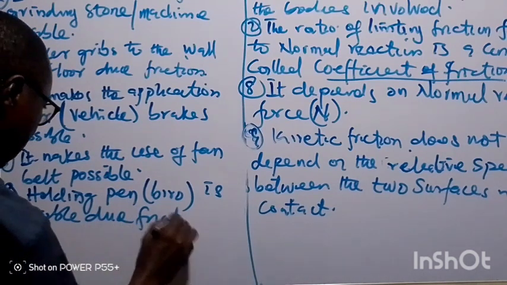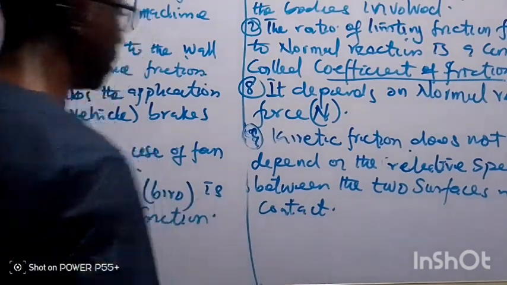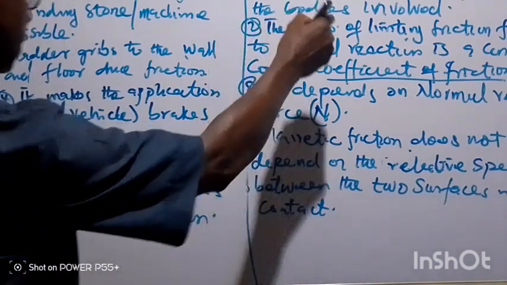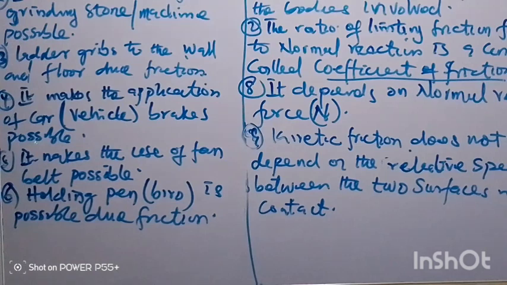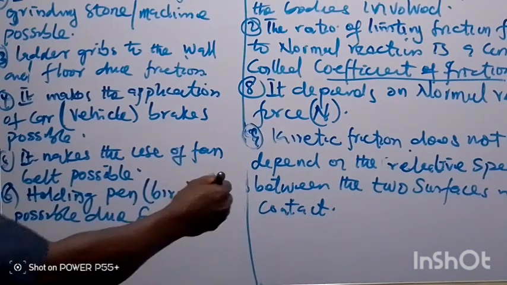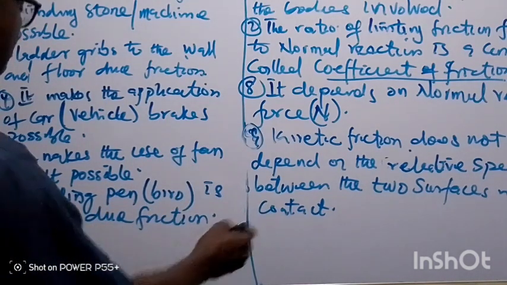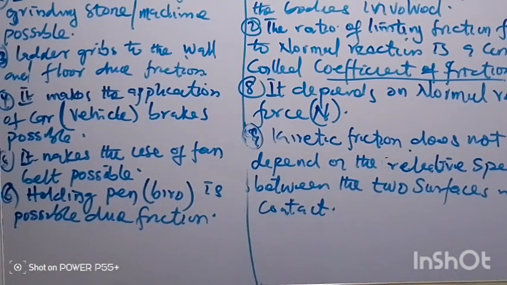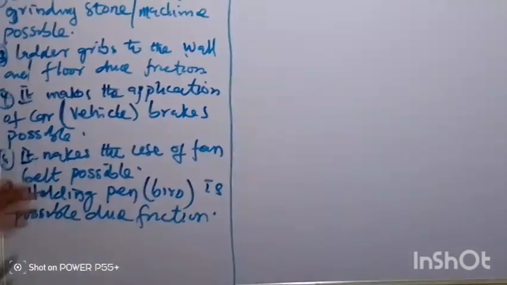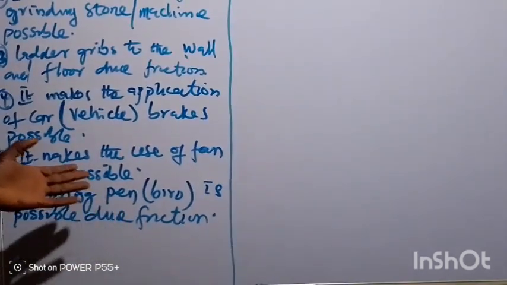If there is no friction, as I'm holding this marker now to write, it won't be possible. But due to friction that grips my hand to the marker, I can hold the marker conveniently and write. Without friction, it will not be possible. Now, these are the possible advantages of friction.